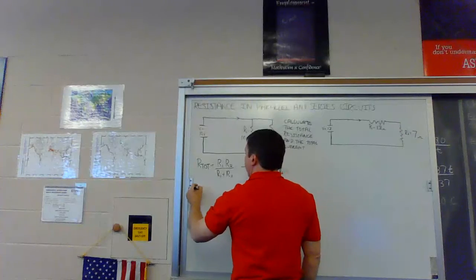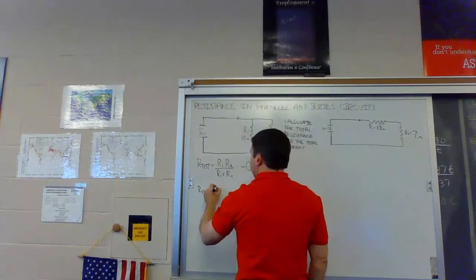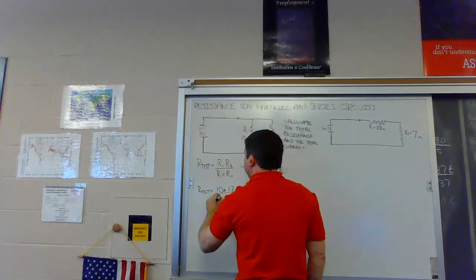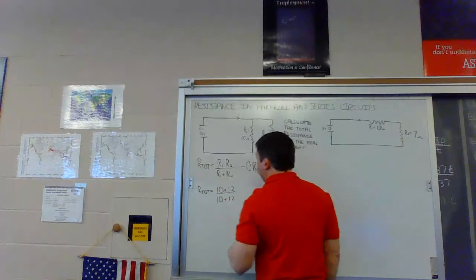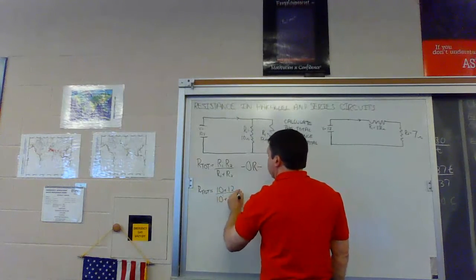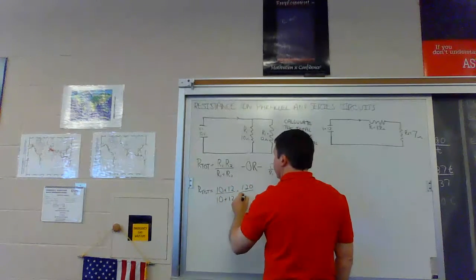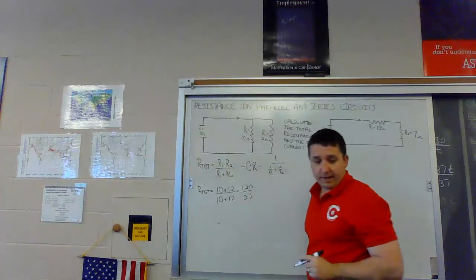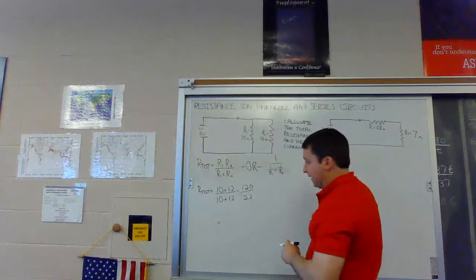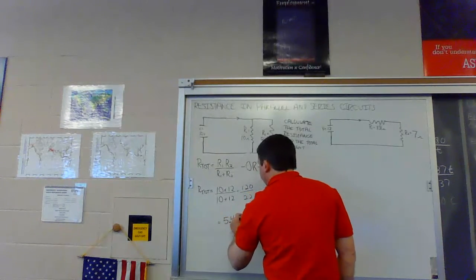R sub tot equals 10 times 12 over 10 plus 12. 10 times 12 is 120, and 10 plus 12 is 22. When you divide 120 by 22, you get 5.45. So the total resistance is 5.45 ohms.